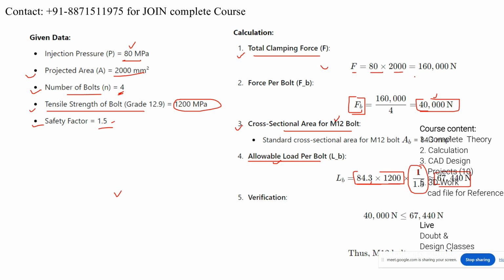Here this is the verification that 40 kilonewton is less than or equal to 67 kilonewton. Remember, I have taken the factor of safety already. So 40 kilonewton is less than 67, and basically you can see that M12 bolting can be used for our mold. Understood or not?